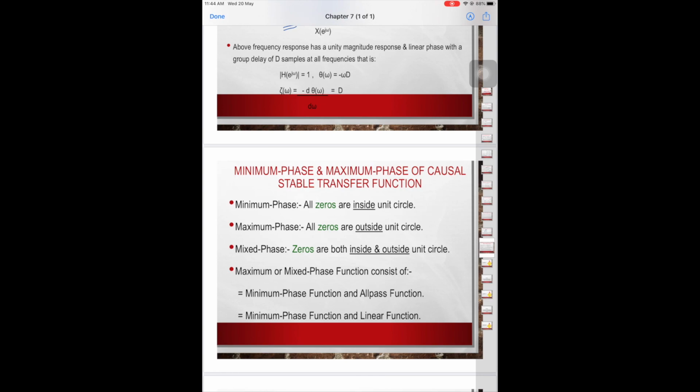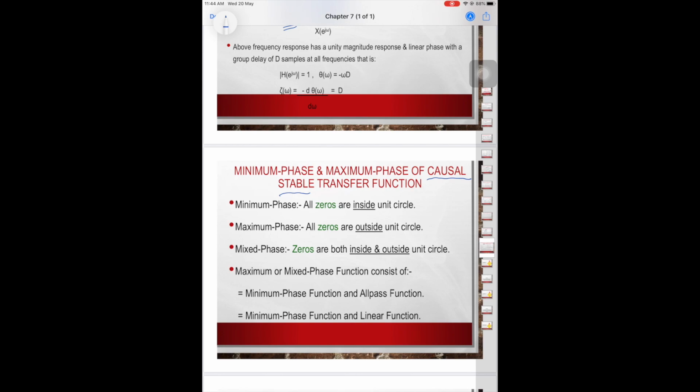Next, in this chapter you must understand what is minimum phase, what is maximum phase, and what is mid phase. Here we still have a causal and stable transfer function. How do we make the system consist of a causal and stable transfer function?